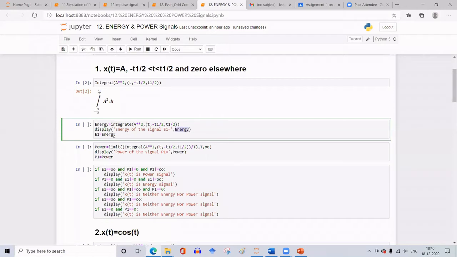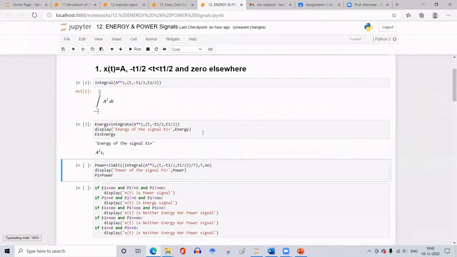I'm putting it here, and I will show you for what purpose. E1 is the energy of the first problem, and P1 is the power of the first problem. So let me evaluate this energy.